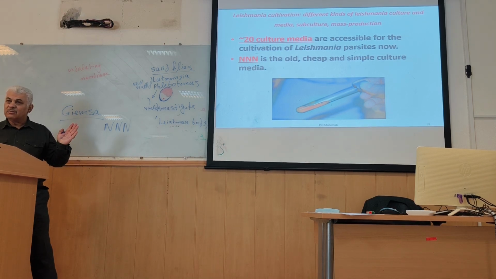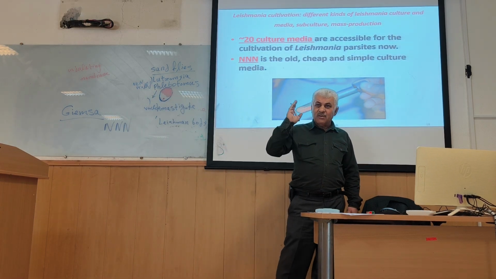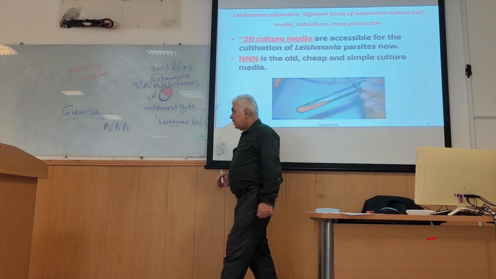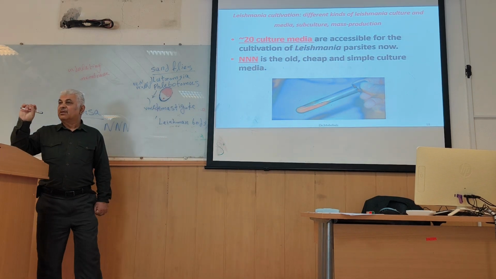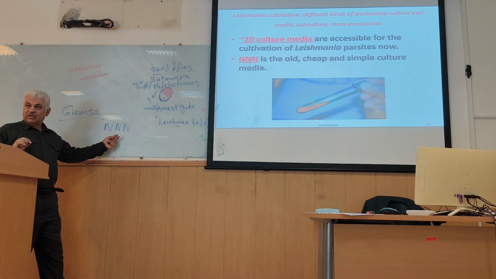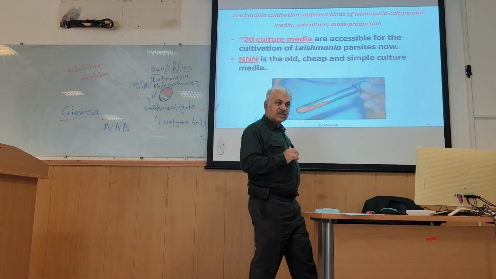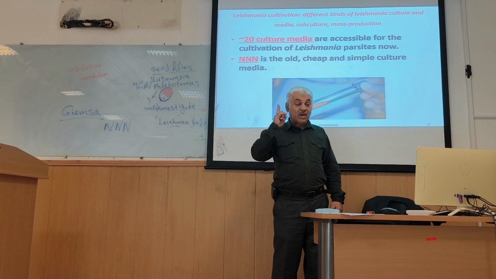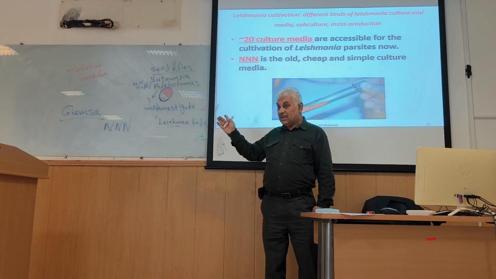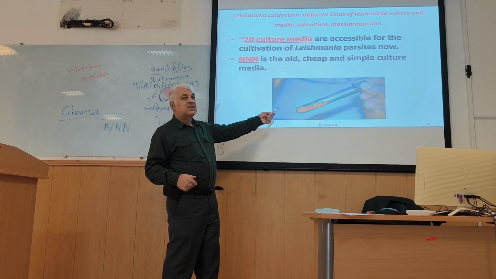It was prepared in 1908, more than a century ago. We use the fluid material and inoculate it in the culture medium. After 1 or 2 weeks, we can see the promastigote form of Leishmania, not the amastigote form. As you see in this slide, this is NNN culture medium.